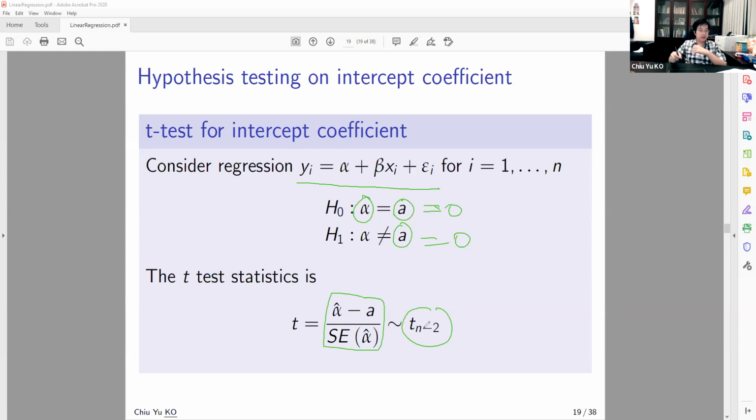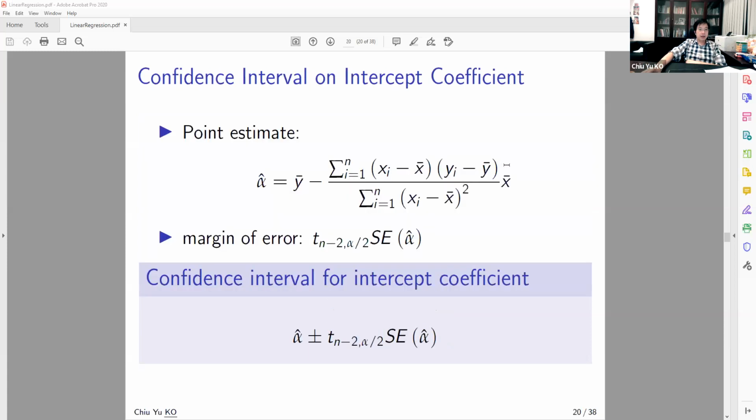Same as we have seen. It's a t, and then it will not be surprising to you how we can do the point estimate, right? This is the point estimate, because this is beta hat.